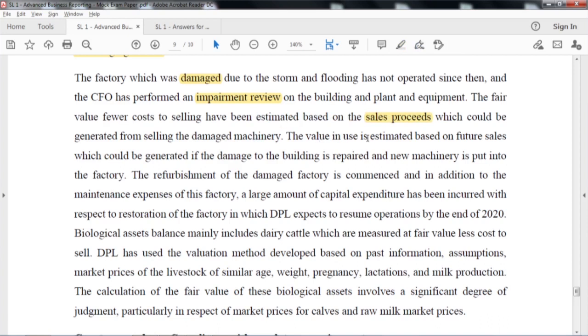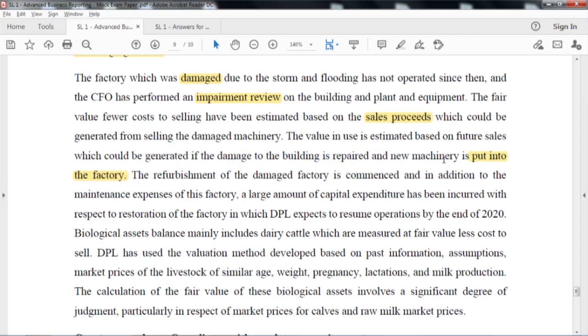Okay, then the value in use generated if the damaged building is to be repaired and new machinery is put into the factory. Now, that is serious. I highlight that point, right? New machinery is put into factory.